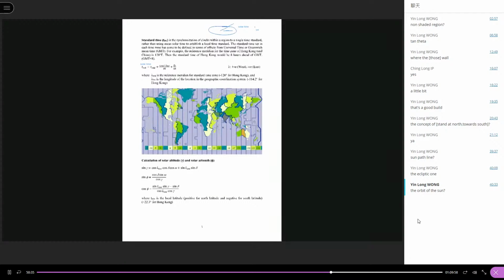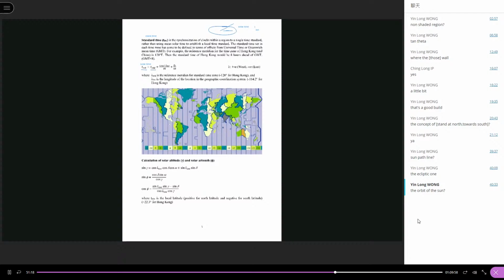And the solar time is different from the clock time because every location belongs to a particular time zone. So the time has been adjusted according to the time zone, and the clock time will not equal the solar time. Here, standard time actually means the clock time of a location. So we have the solar time and the clock time.